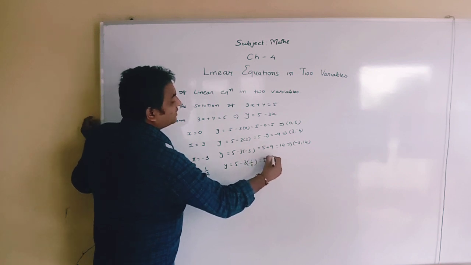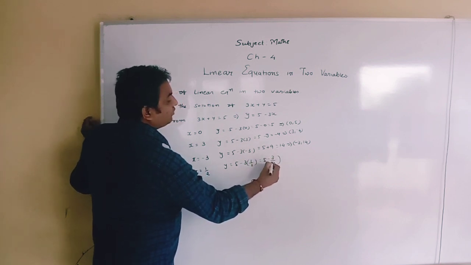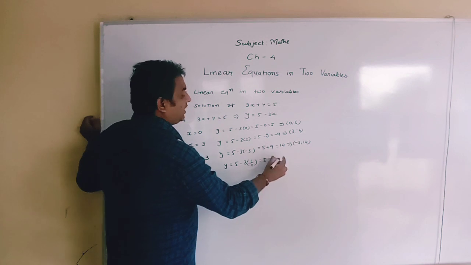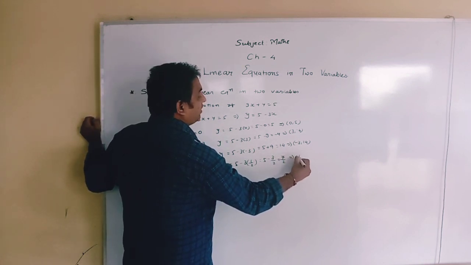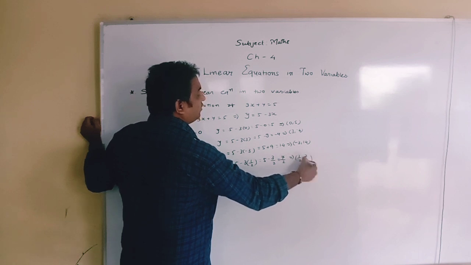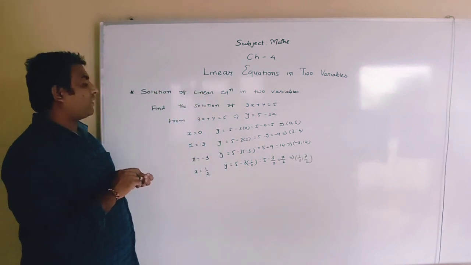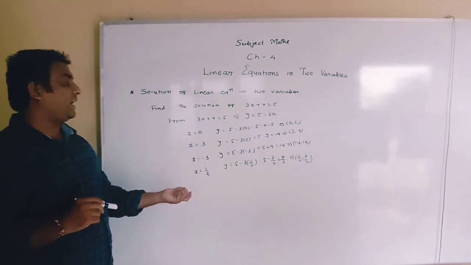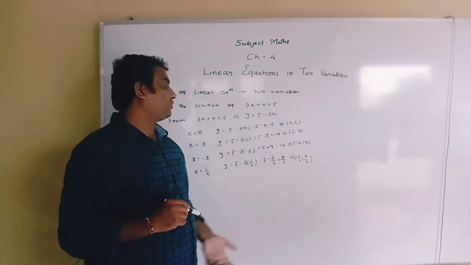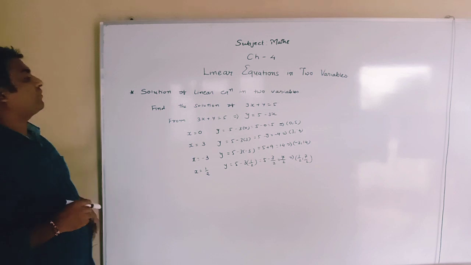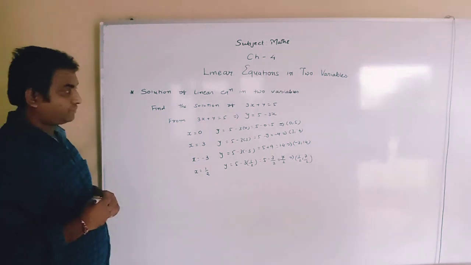So 5 minus 3 by 2, we take the LCM 2: 2 fives are 10 minus 3, that is 7 by 2, and so we have the solution (1/2, 7/2). Like this way, different values of x we can select and we can get different solutions like (0, 5), (3, -4).